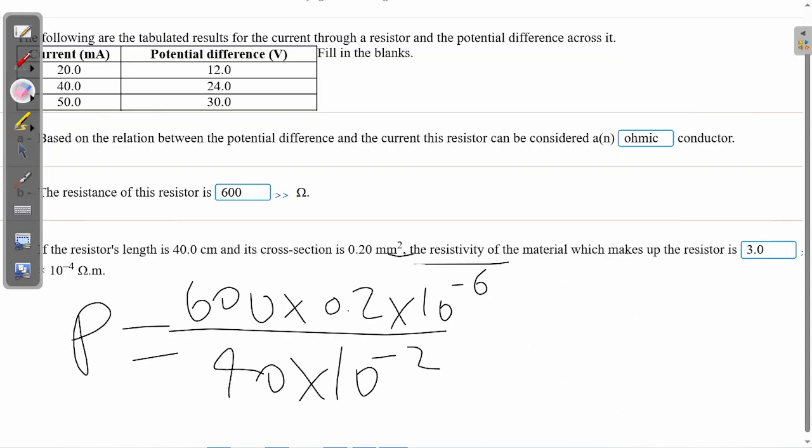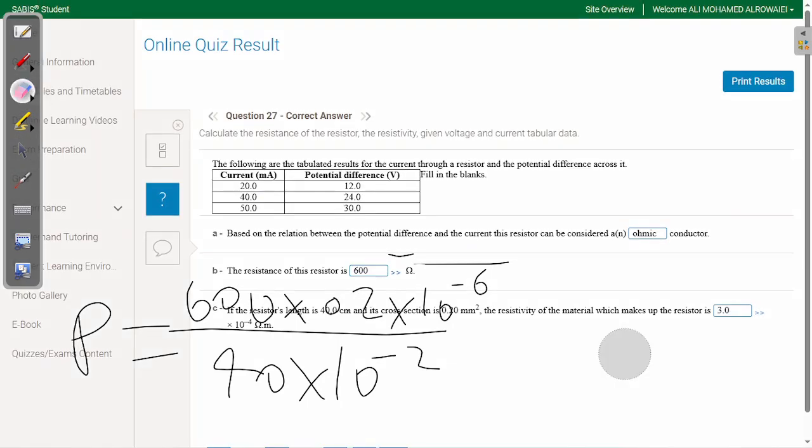So you get 3 times 10 to the negative 4. Here's the answer.